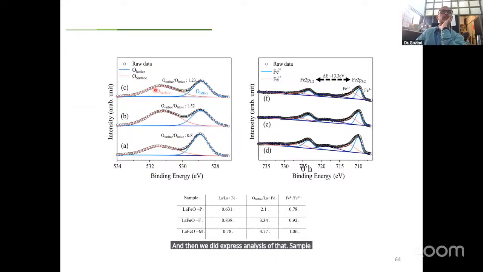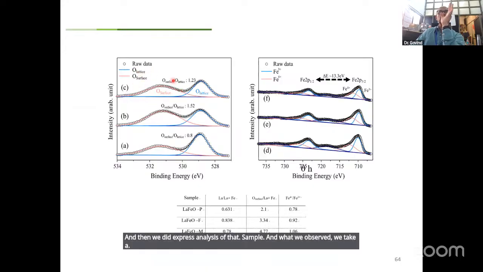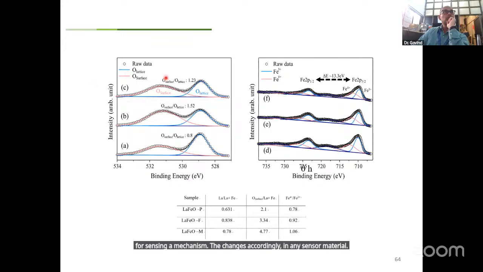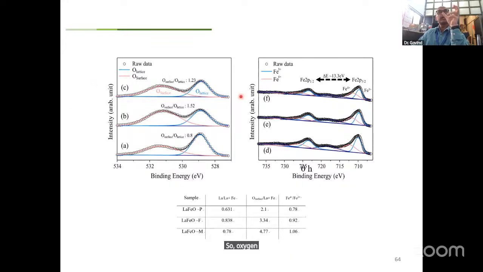And what we observed, we take oxygen and Fe, because oxygen and Fe are the main culprits for the sensing mechanism. They change accordingly in any sensor material. So oxygen is mostly available in two forms: one is lattice oxygen and the other is surface oxygen, and we are much more interested in the surface oxygen.